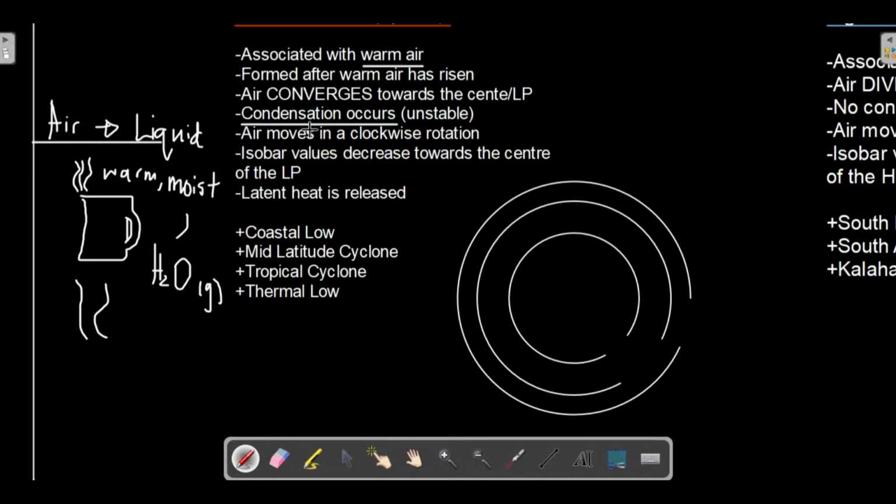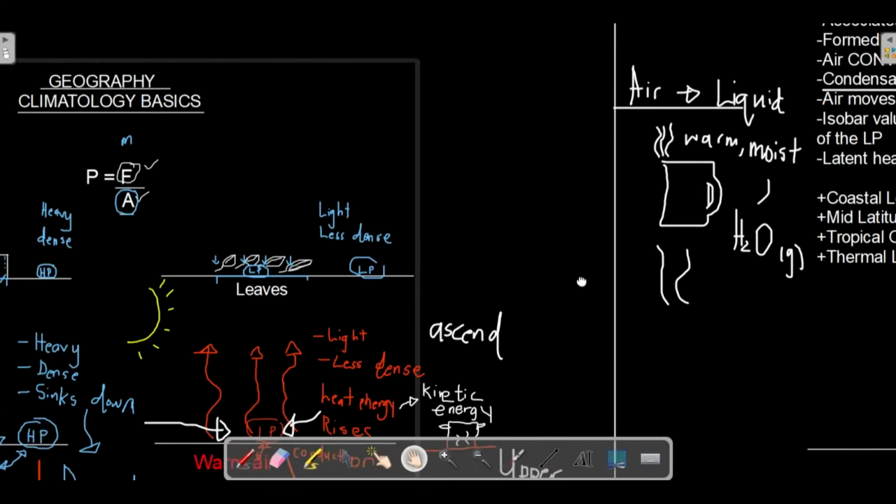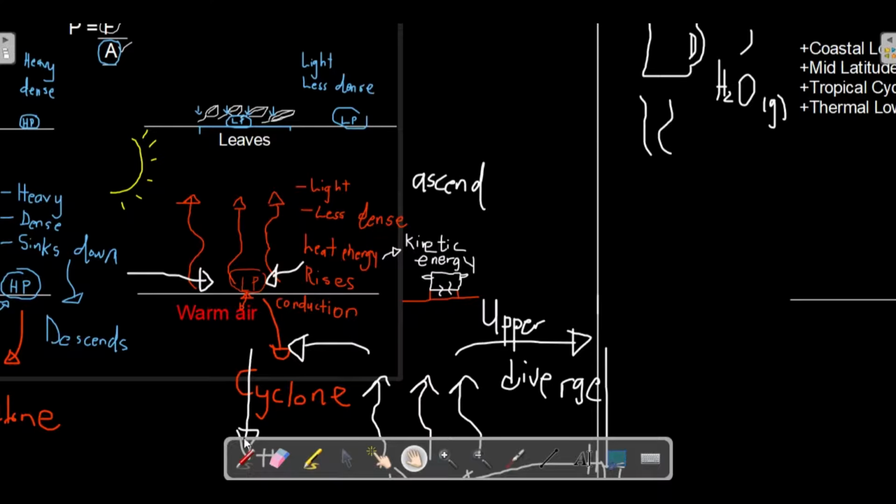You will not see precipitation, rainfall. Okay, so warm moist air, as it rises up, cools down. It starts to cool down and cool down, and then of course it starts to form clouds. So it condenses and forms clouds.